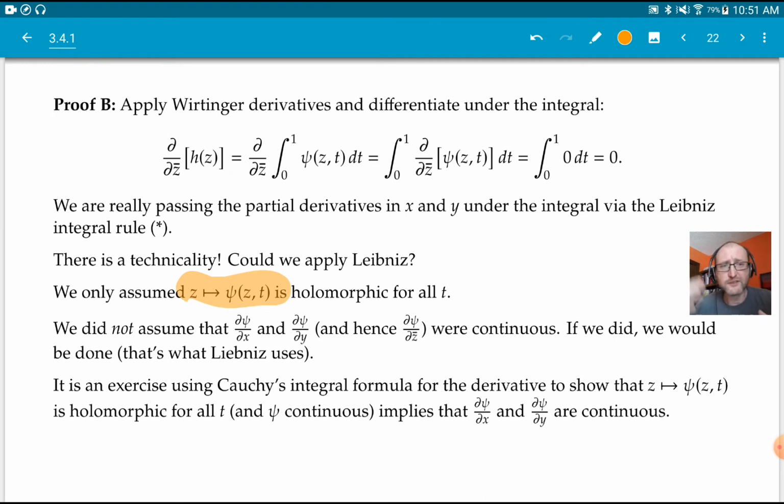So that gives you the x and y. And in the Cauchy integral formula, all you need is the values of the function, the values of this function.